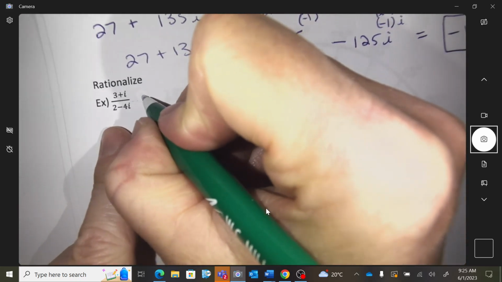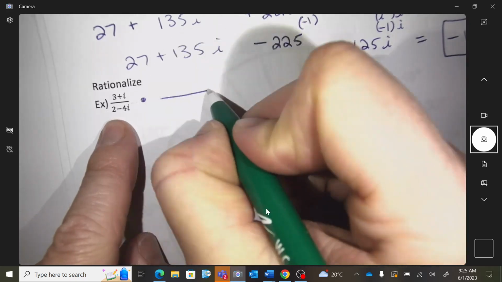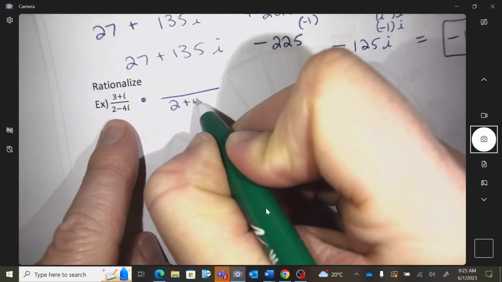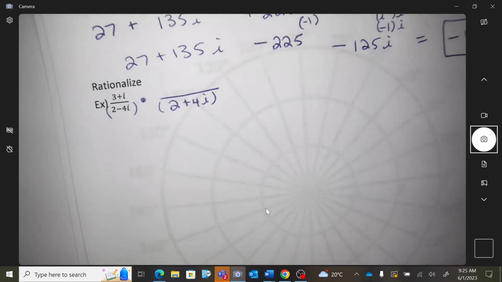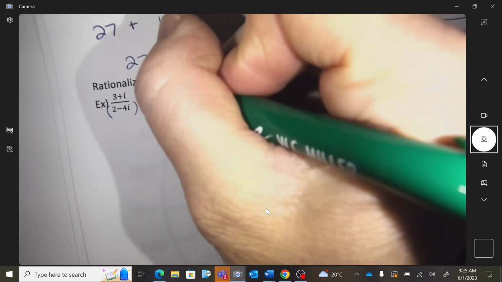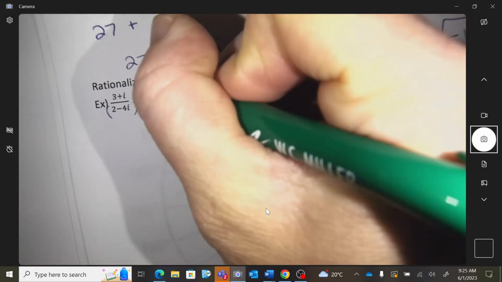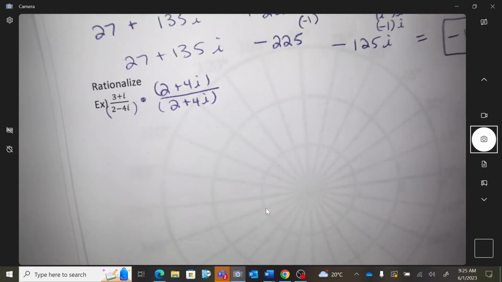So we're going to multiply by the conjugate, which is 2 plus 4i. Do you remember that now? The conjugate is doing kind of like a difference of squares idea. Obviously, if you do something to the bottom, you would have to similarly do it to the top.